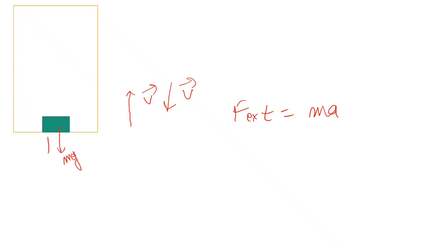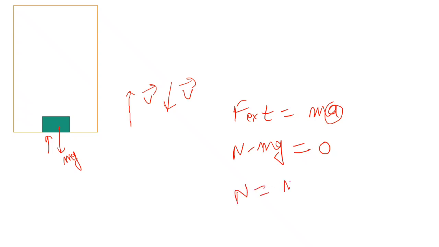In the third case, if the elevator is moving with constant velocity in the upward or downward direction, it doesn't matter. We will see how. Again apply Newton's law of motion. F external equals ma, where the forces are mg, the gravitational force, and N. Applying it in the upward direction, N minus mg equals ma, and a is 0 as v is constant, so it is 0.